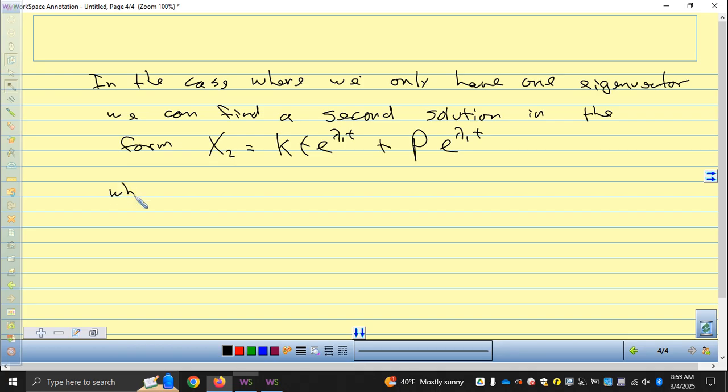And I'm going to say why. This is one of those where we said, well, can we find a solution that looks like this? Let's see if it works.